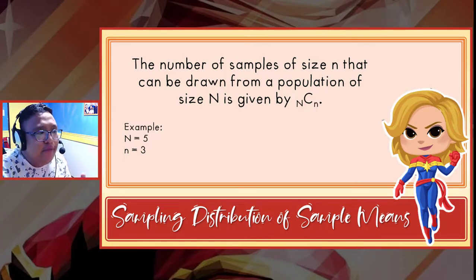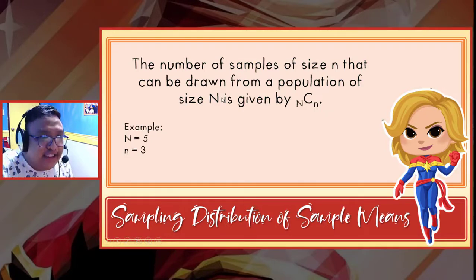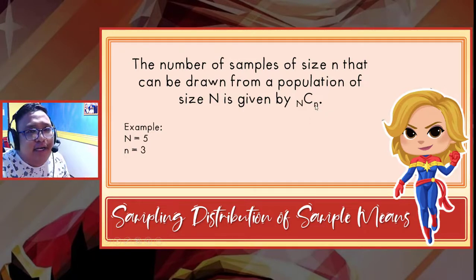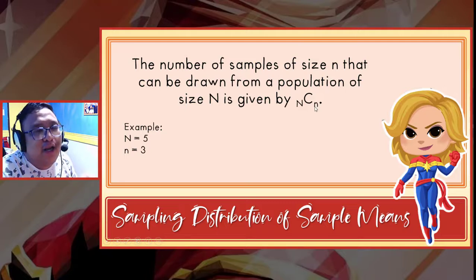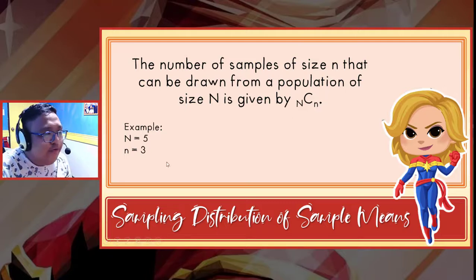symbol. So, wala kayong gagawin kundi i-enumerate lang si N. So, ano ba si N? Yung malaking N dito, yan ay population size. At yung n naman dito, yun ang sample size. So for example, our population size is 5 and our sample size is 3.